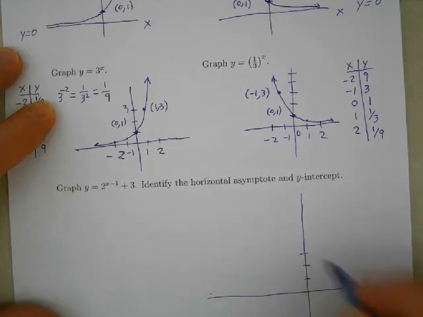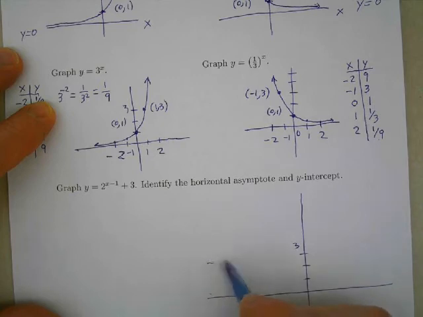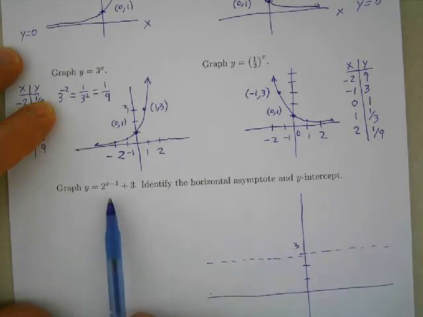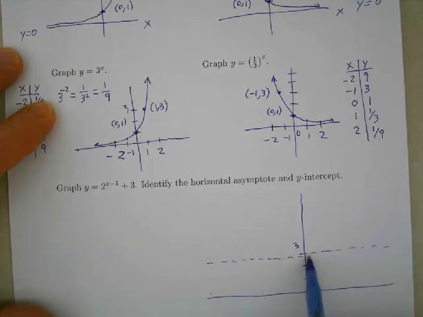So the horizontal line y equals 3 is a horizontal asymptote. It's going to be for the negative x values.